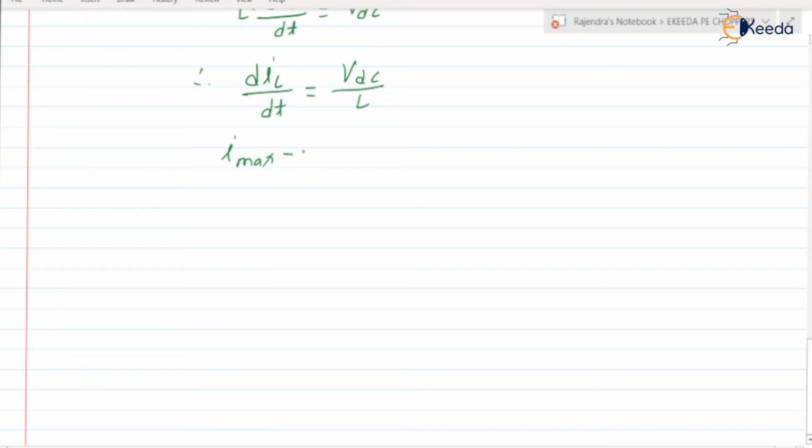So Imax minus Imin divided by dt, where dt is the change in time, that is T on, is equal to VDC divided by L. Therefore Imax minus Imin, which is delta IL, is equal to VDC into T on.